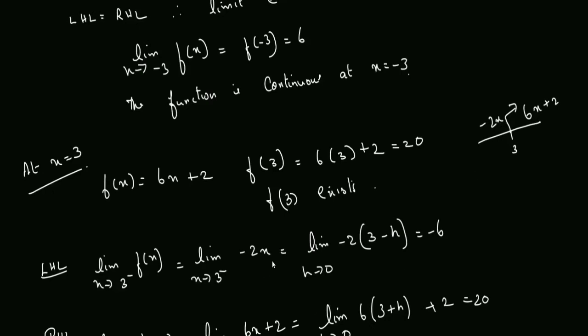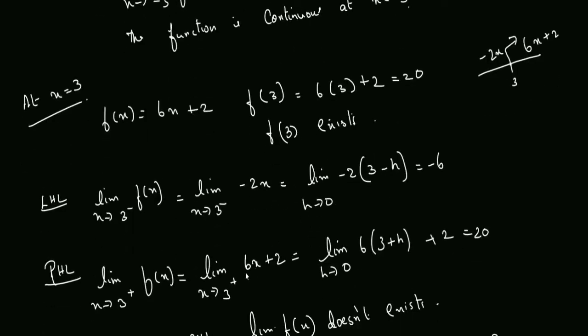So minus 2x. Now left of 3, how do you find? You have to replace x by 3 minus h. So minus 2 into 3 minus h. Put h as 0, you will get minus 6. So the left side limit is tending to minus 6.